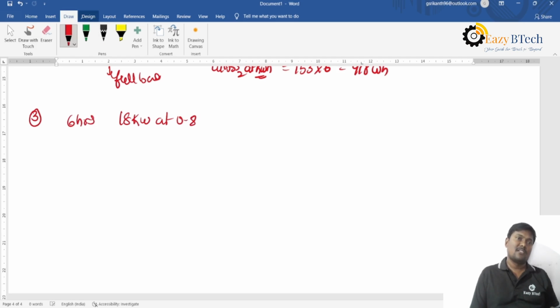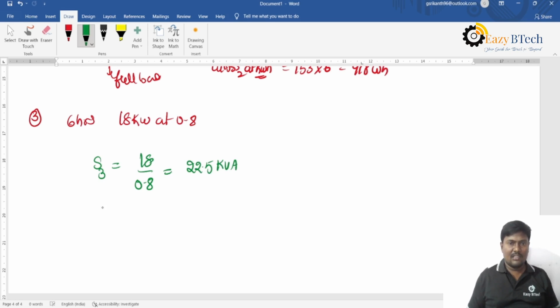S3 is equal to 18 by 0.8, which is 22.5 kVA, and x3 is equal to 22.5 divided by 15, that is 1.5.